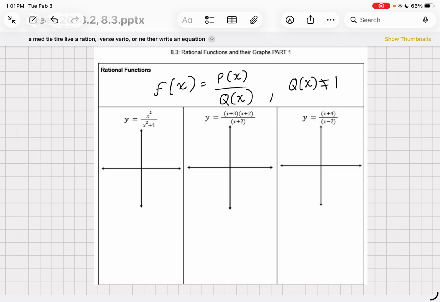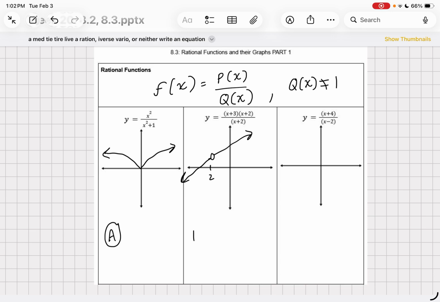So below are 3 examples of different types of rational functions. They can have different forms. This first function, if I were to graph this, it would be pretty funky. It would look like that. I'm going to call that graph A. This next graph, you wouldn't think it, but it's actually a line, and it has a hole in it at 2.